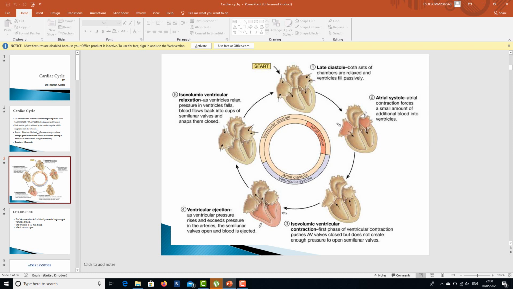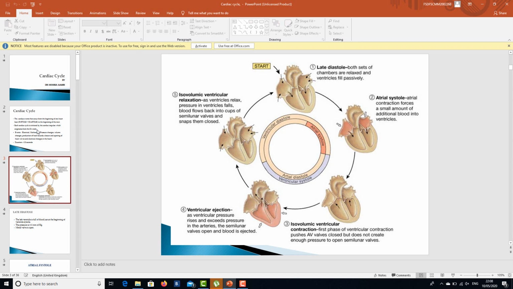Now most of this blood enters the right ventricle quite easily without any contraction, without any force, but later on there is atrial contraction and a further 30% additional blood is pumped, forced from the right atrium into the right ventricle.